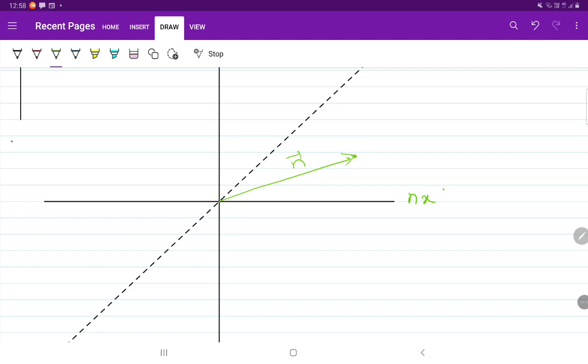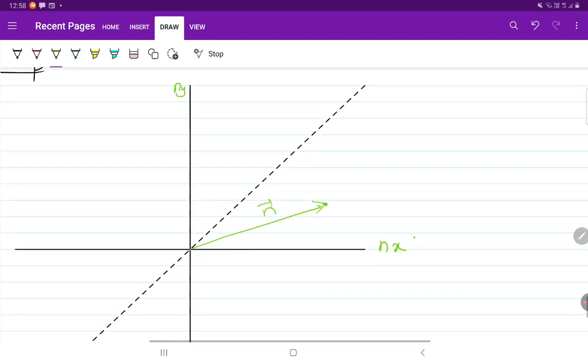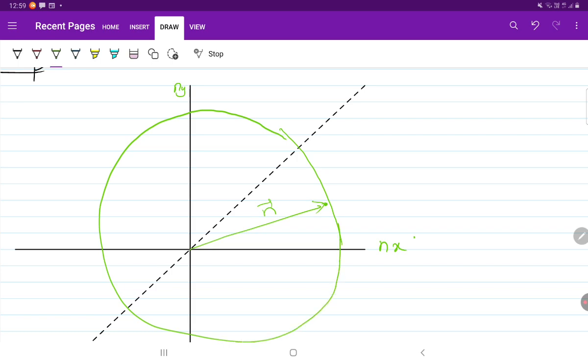It is at a distance mod n, or n, from the origin. Now around this n vector, I consider a sphere whose thickness is dn. Now we know that nx, ny, and nz are all positive, so we'll only consider the volume of one quadrant of this thin spherical shell.